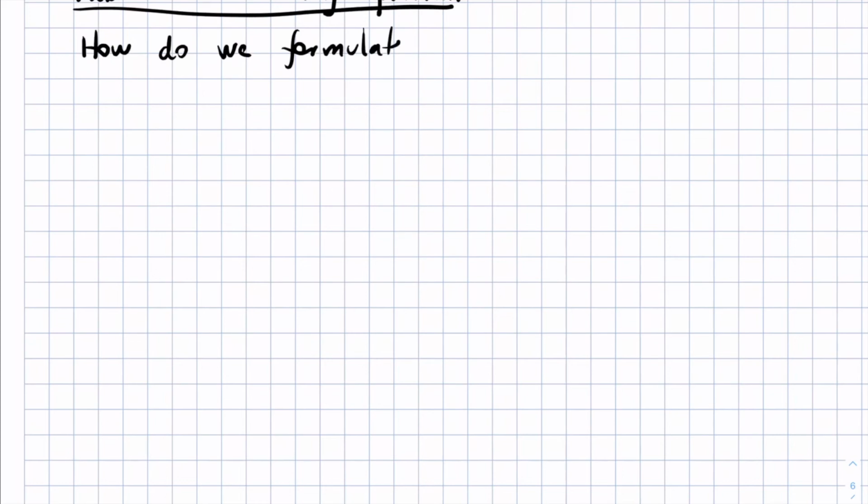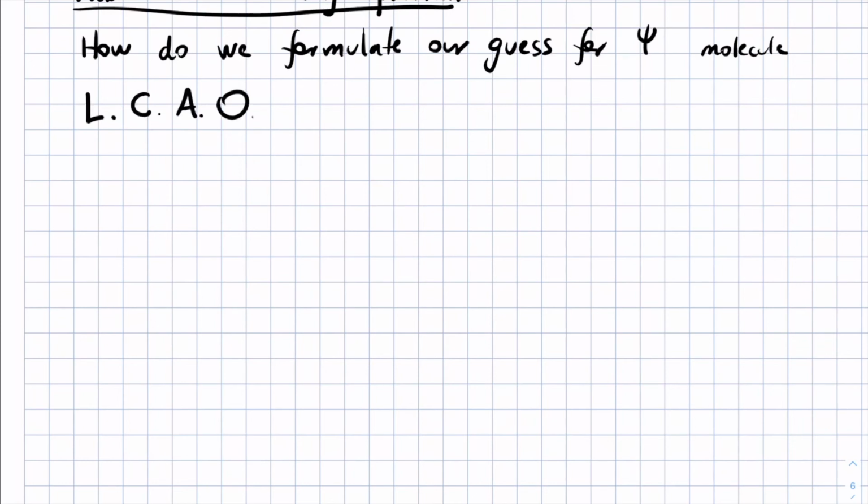Another way of putting this is, how do we formulate our guesses for what the wave function should be for a molecule? And the answer is, we do something called linear combination of atomic orbitals.